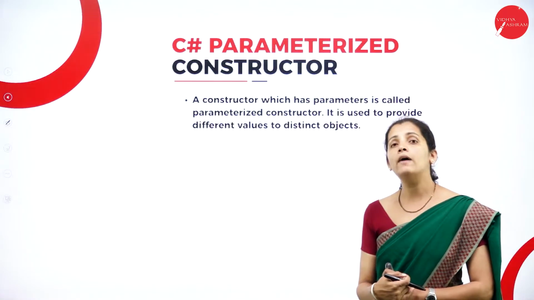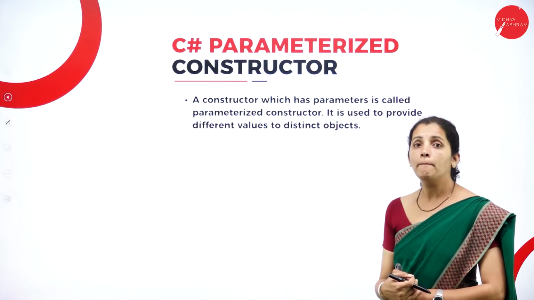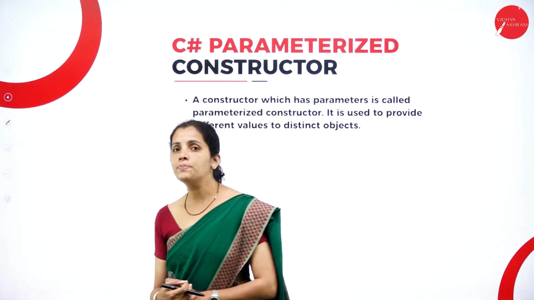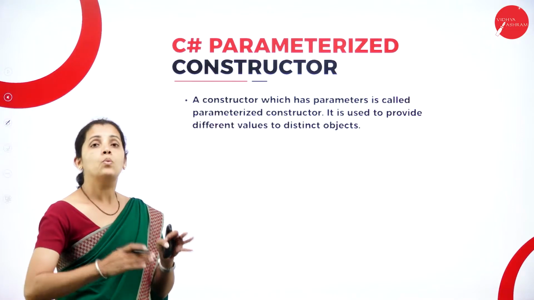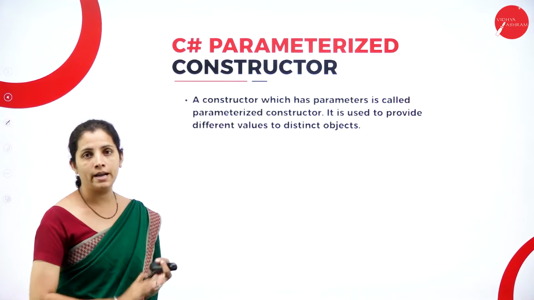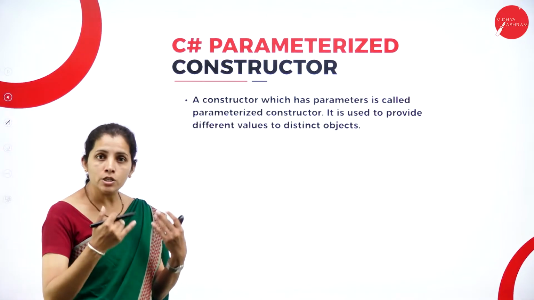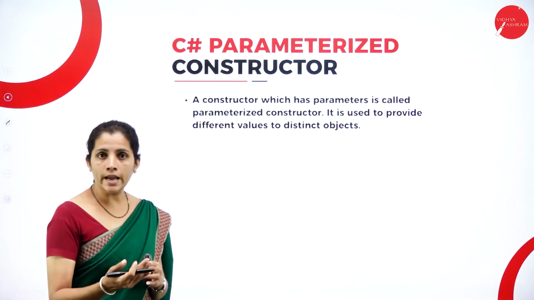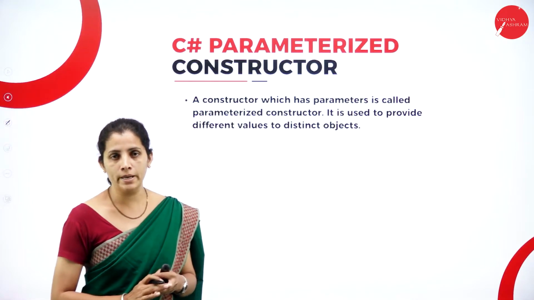Now I'm going to have my second type of constructor, that is parameterized constructor. So what is parameter? That's nothing but the arguments. That means while calling constructor, I'm going to specify the parameter. And from where I'm going to receive the parameter? While creating object, I'm going to pass the argument.